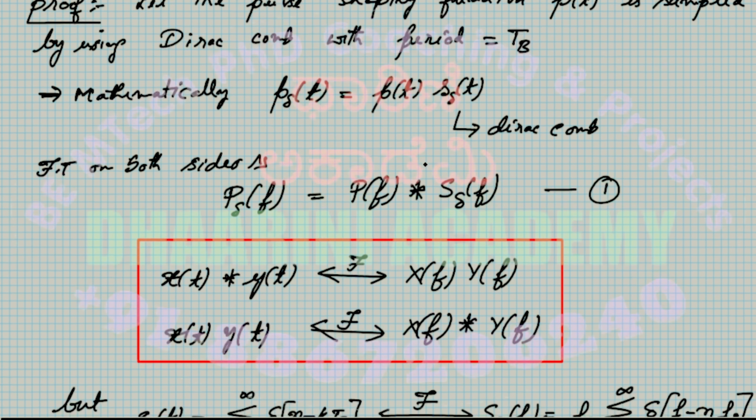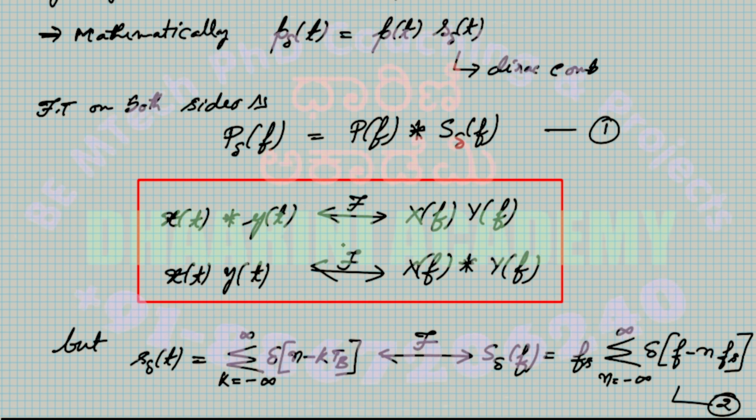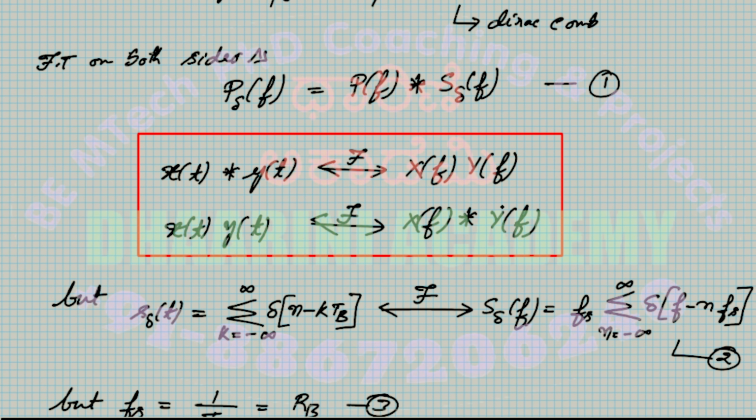All right, let's proceed. Now take the Fourier representation on both sides. On the left-hand side, I get p delta of f. The right-hand side is a product, so the product gets convolved in the frequency domain. That's why we are using a property called the convolution property of Fourier representation, which is written inside the rectangle, you can see here.